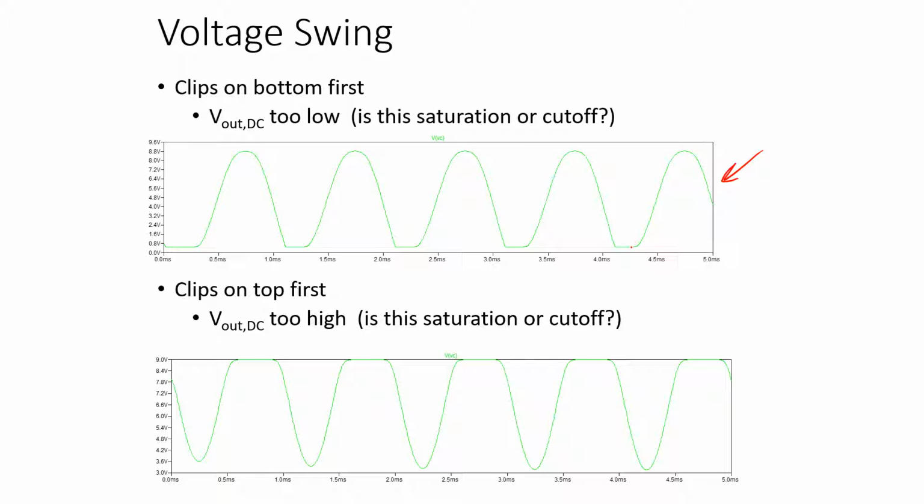We hit that bottom rail and it's distorting. Something to think about: is this in saturation or cutoff? Here we're clipping on the top first, and our bottom looks smooth and great. So we've got some distortion here, and when we talk about headroom, we want to maximize our headroom, where we're trying to set our DC bias to be in the center of our rails.